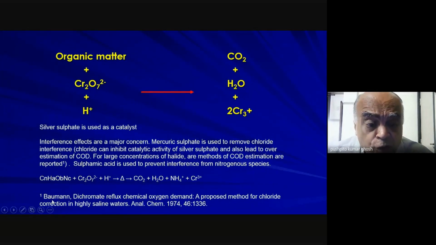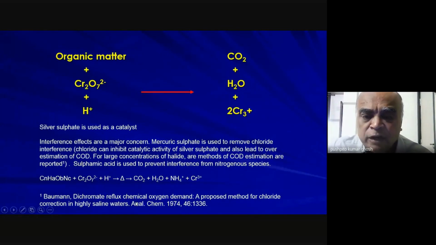And in fact, if you have very saline conditions, there's a special technique. I was looking at this paper, "Dichromate reflux chemical oxygen demand: a proposed method for chloride correction in highly saline waters."